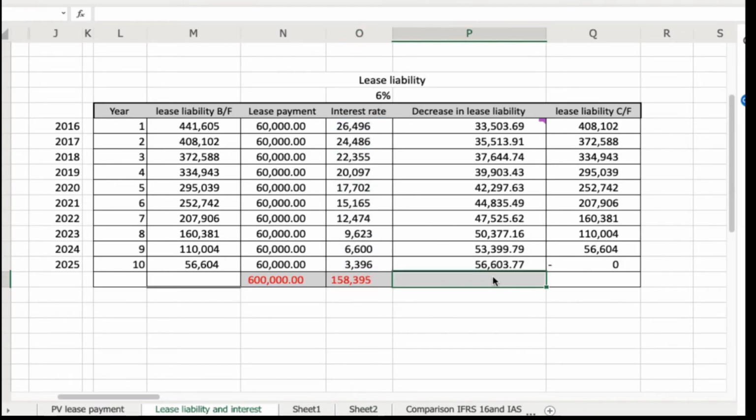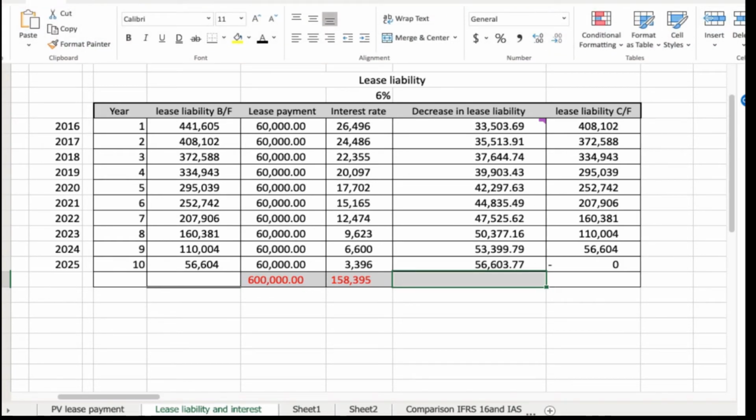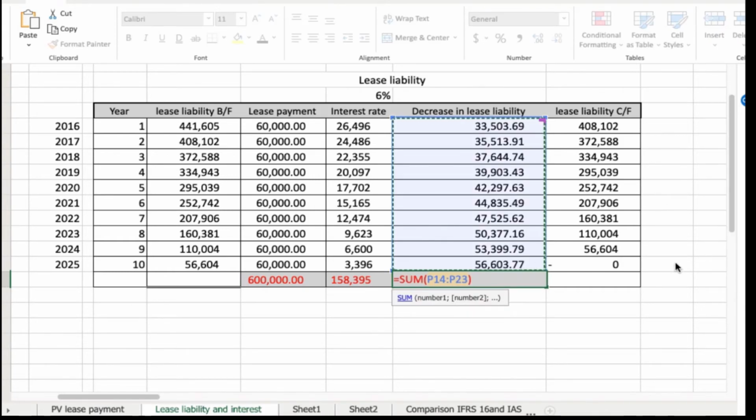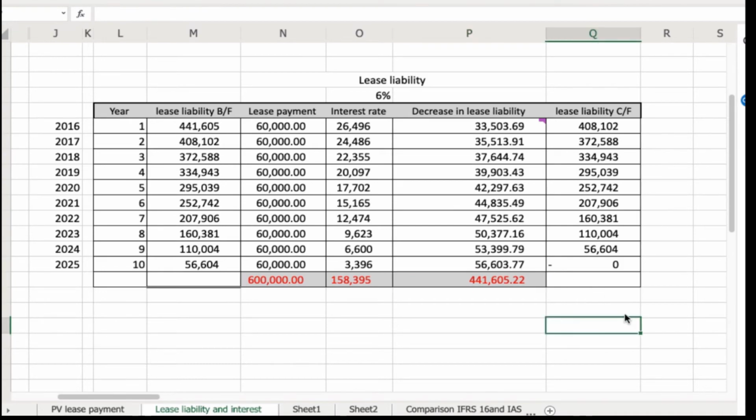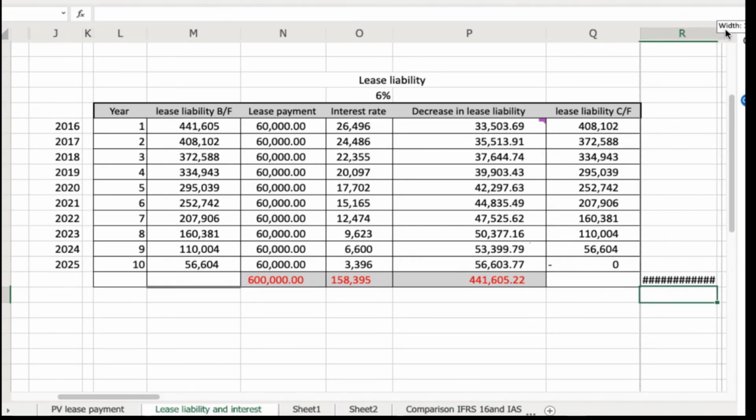So the total of the interest, how much in total interest we're going to pay, and the decrease in lease liability, the short-term lease liability must be, so how much the total amount, the lease payment total amount we are going to pay, 600,000.